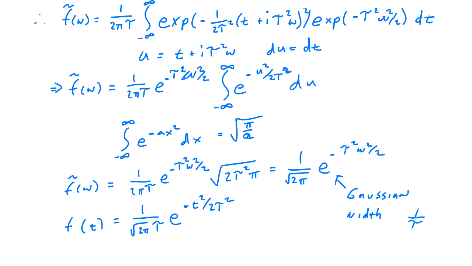So if you compare these two formulas, they look very, very similar. Like I said, the only difference is that the width is inverted. Now, the fact that the width is inverted is really interesting to us in physics because of something called the uncertainty principle. You'll notice here that if you take the delta omega and multiply it by the delta t, they're going to be roughly equal to 1.